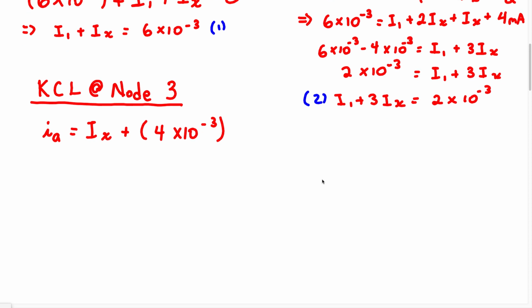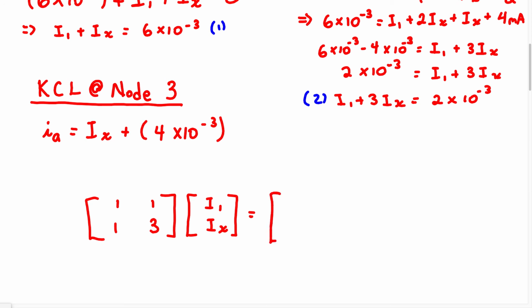We're going to have I1 and IX. I'm just going to write 1, 1 for equation 1. And for this one, we have 1 and 3, so I'm going to write 1 and 3. Now we know the variables are going to be I1 and IX equals 6 times 10 to the minus 3 and 2 times 10 to the minus 3.